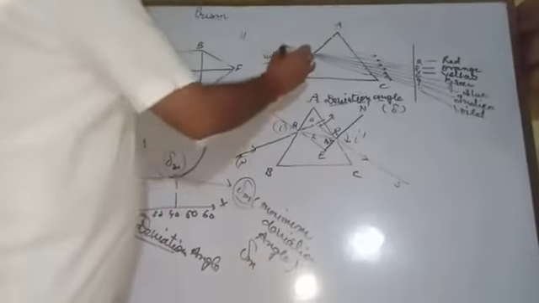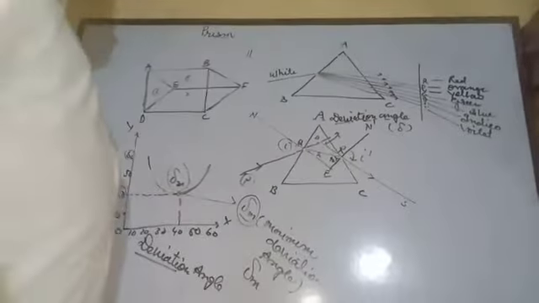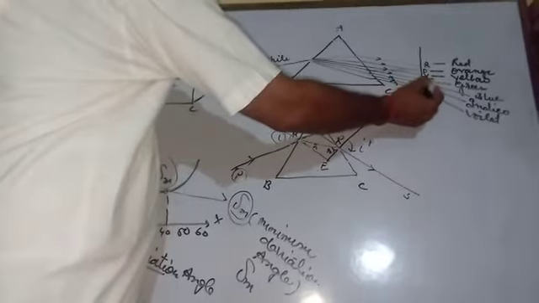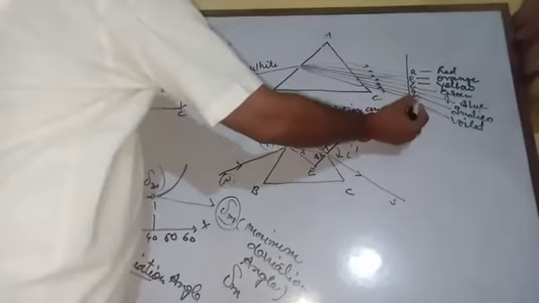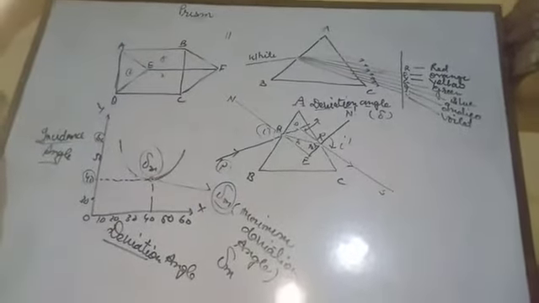passes through the prism, then it disperses into 7 colors: red, orange, yellow, green, blue, indigo and violet. This combination is also known as Vibgyor.